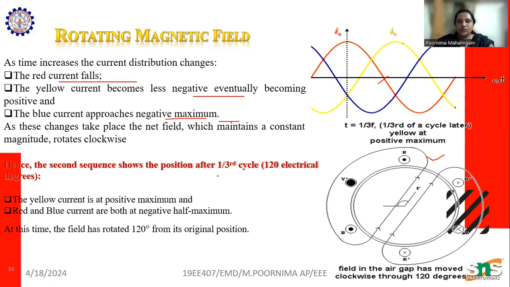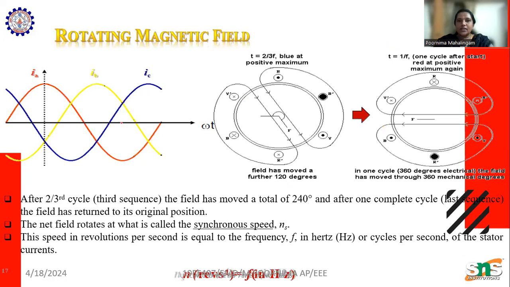Hence the second sequence shows a portion of one-third of a cycle, that is 120 degrees electrical, where the yellow current is positive and the red and blue currents are both negative. In the next 120 degrees of the cycle, the blue comes positive and yellow and red become negative. Okay, this is the rotating magnetic field.